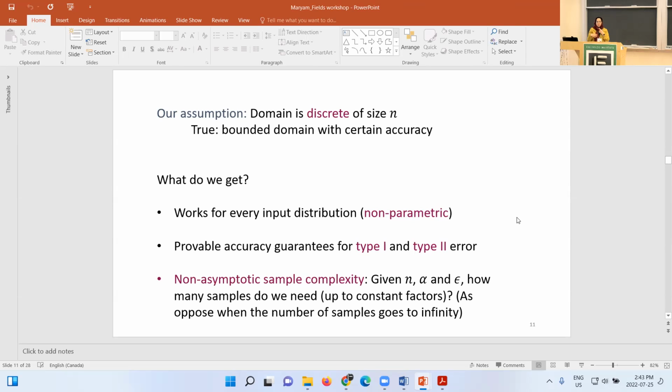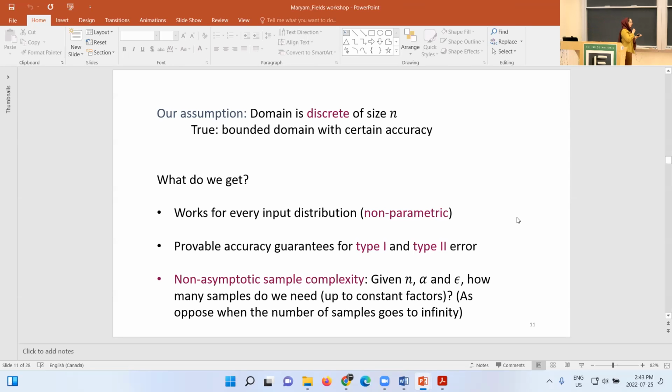We are able to provide a sample complexity and assure that for that certain number of samples, we have both low type 1 and type 2 error, meaning that the probability of false negative and false positive are both very small. And also, it's a non-asymptotic sample complexity.